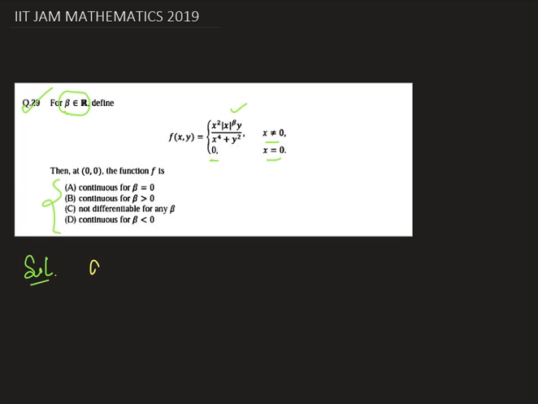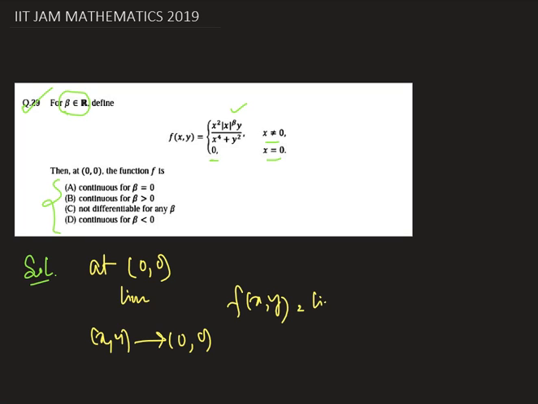So at the point (0,0), the limit as (x,y) tends to (0,0) of f(x,y) equals the limit as (x,y) tends to (0,0) of x squared modulus of x to the power beta y divided by x to the power 4 plus y squared.